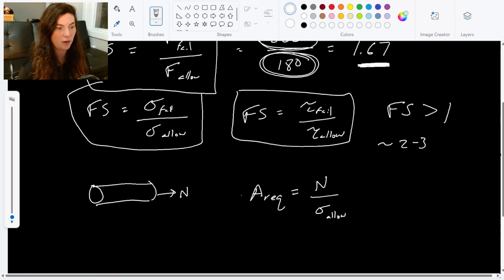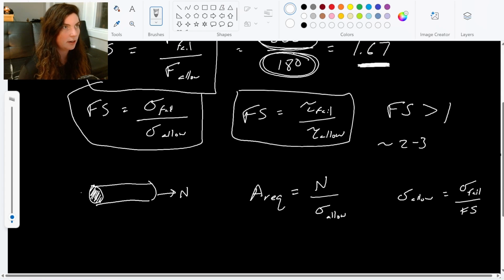That gives me an area required, where my allowable stress is calculated from that failure stress over whatever safety factor I want. So I can work my way backwards from this safety factor, because I'm going to know the failure stress and the safety factor that I want to use, and I can work backwards to calculate an area required for my little cross-sectional area here. That way I'm not exceeding the allowable stress.